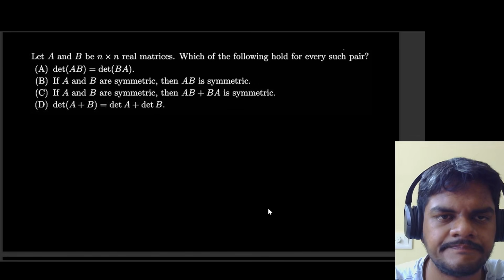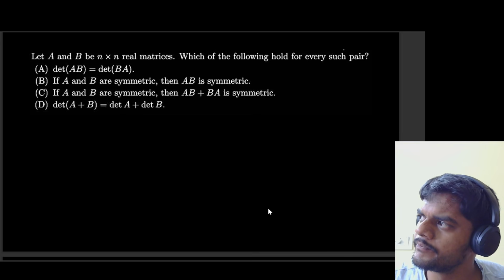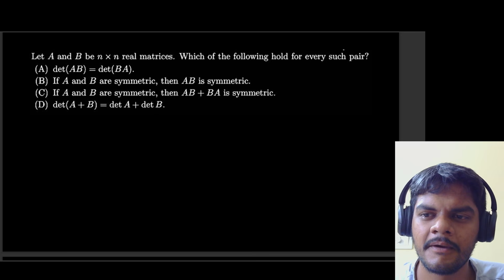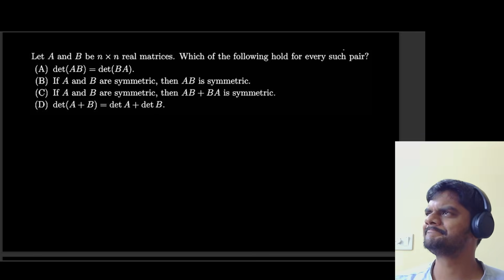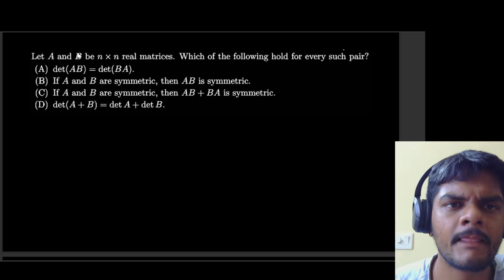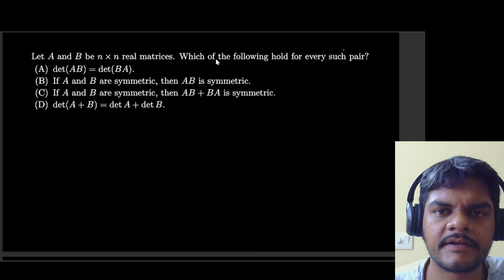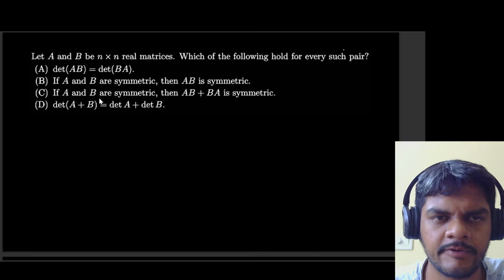Let's move on. Look at this question. Let's try it out. Okay, so let's continue. Let A and B be n cross n real matrices, and there is nothing else given about them.